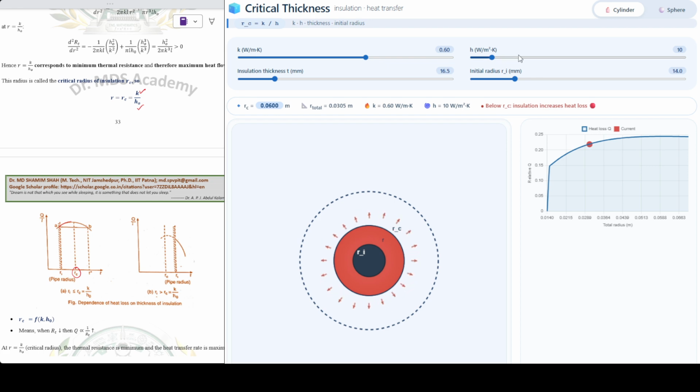So K upon H gives 0.06. RC is equal to 0.06 for the case of cylinder using this standard formula K upon H.